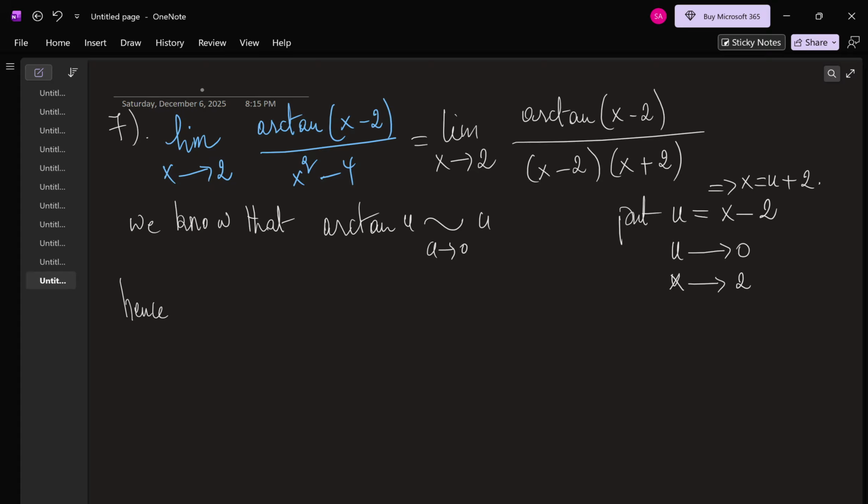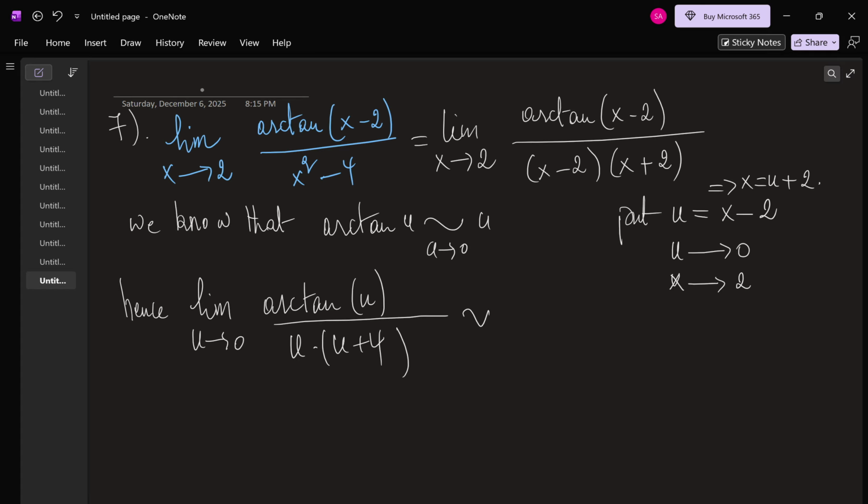Hence, this limit becomes the limit as u goes to 0 of arc tangent of u over x minus 2, which is simply u, times x plus 2. x plus 2, when we substitute instead of x the value u plus 2, becomes u plus 4.